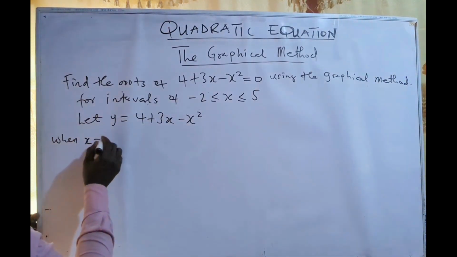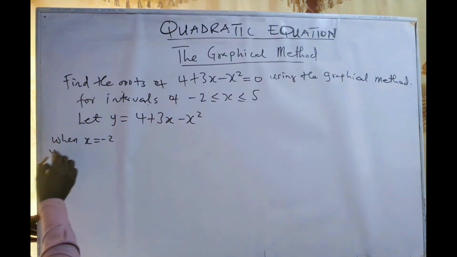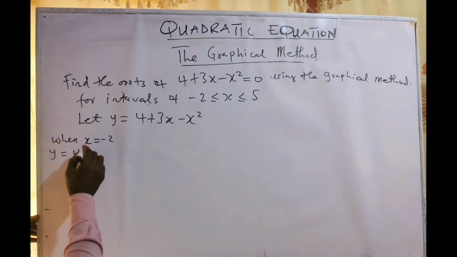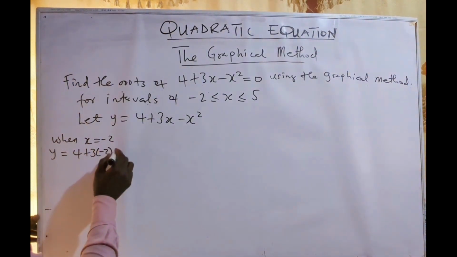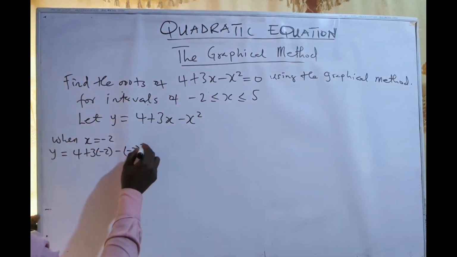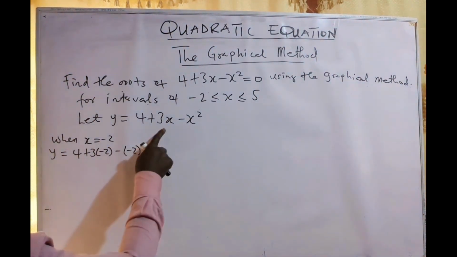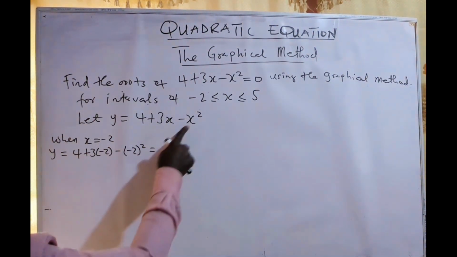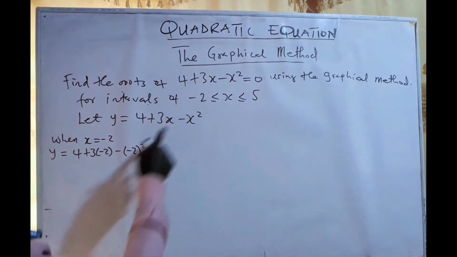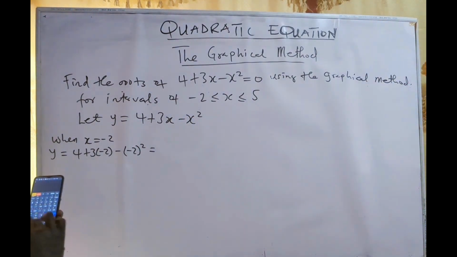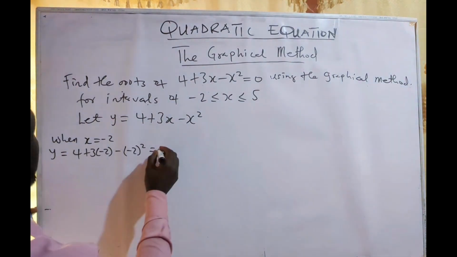So when x is negative 2, what is our y? Y is 4 plus 3 times negative 2 minus negative 2 squared. So you see how I've written it: 4 plus 3 times negative 2 minus negative 2 squared, and that will give us negative 6.